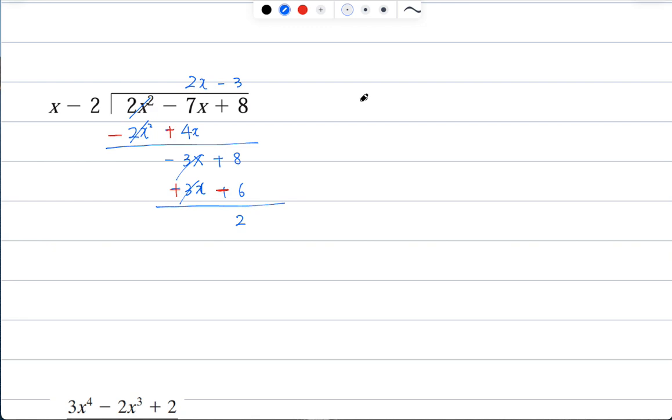So as a result, 2x squared minus 7x plus 8 divided by x minus 2 gives our quotient 2x minus 3, and our remainder 2, which we write over our divisor x minus 2 on the denominator.